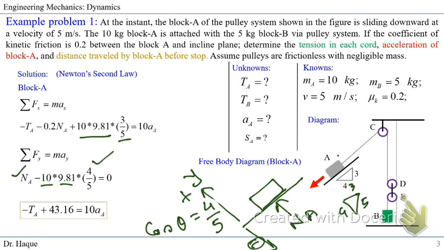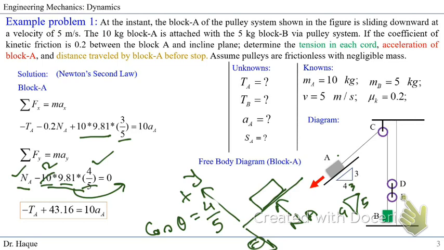So if we plug in this equation, the value of NA equals positive, if this term goes on this side, positive, 10 multiplied by 9.81 times 4 over 5, so 5 and 10 cancel out to 2, so 8 into 9.81.